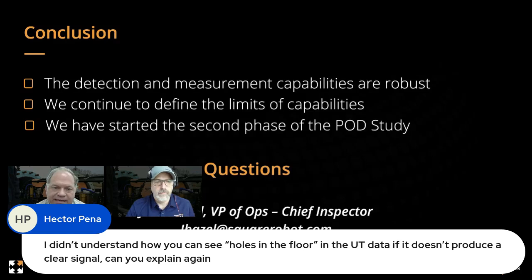Once we find something like that, we go to that area and scroll in our data off to the left and off to the right on either side of that particular indication to make sure that, one, we have good strong signals on either side of the hole. That would tell us that there is something else there. It's not likely that we're going to be able to see a return signal from the bottom side of that hole in real world scenarios.